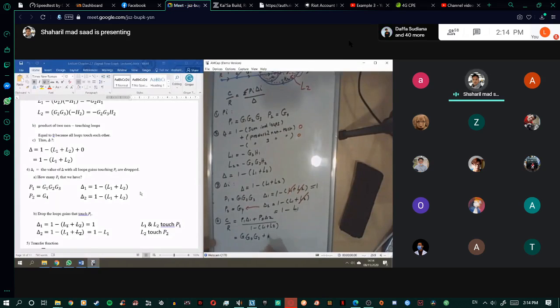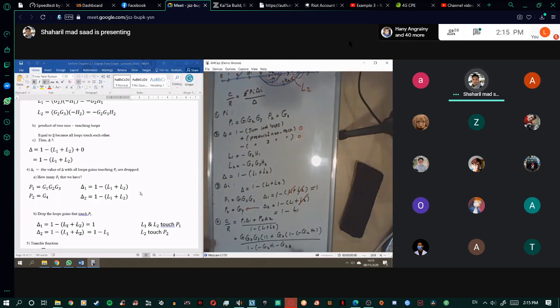Then plus P2, G4, delta, so this one needs to be times delta 1, equal to 1 plus G2, G4 times delta 2, 1 minus L1 is minus G2 H1, divided by 1 minus L1 minus G2 H1 minus G2 G3 H2.